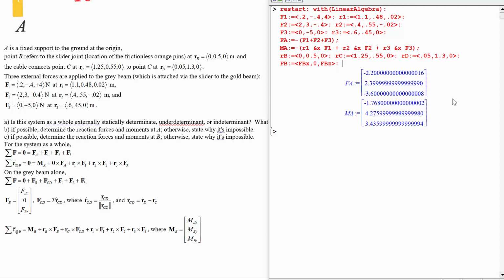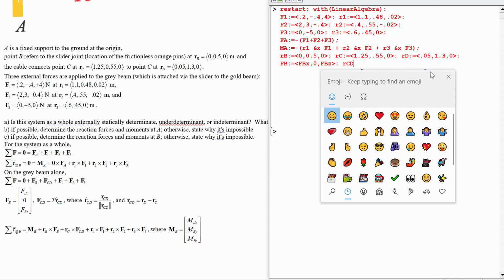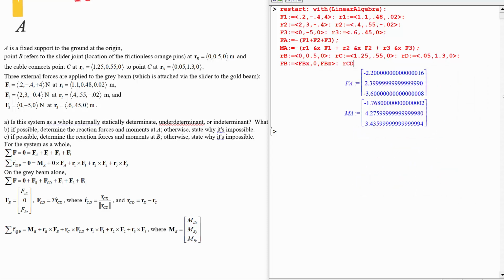How about working out RCD hat? Maybe just work out RCD first. RCD is, whoops, the automatic Windows key that makes us hit emojis. Right, we don't need that. RCD is equal to RD minus RC.